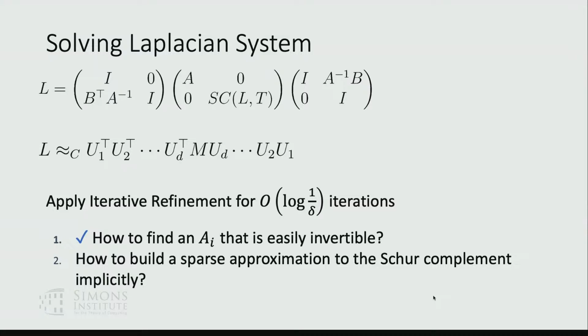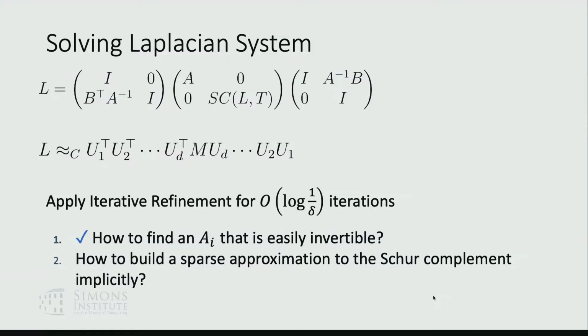We are building these approximations iteratively. We use block Cholesky factorization. You get lower triangular, block diagonal, upper triangular. The vertices we chose to eliminate form a 5DD set, so that top-left submatrix A in the block Cholesky factorization is really quick to invert with the help of iterative refinement.